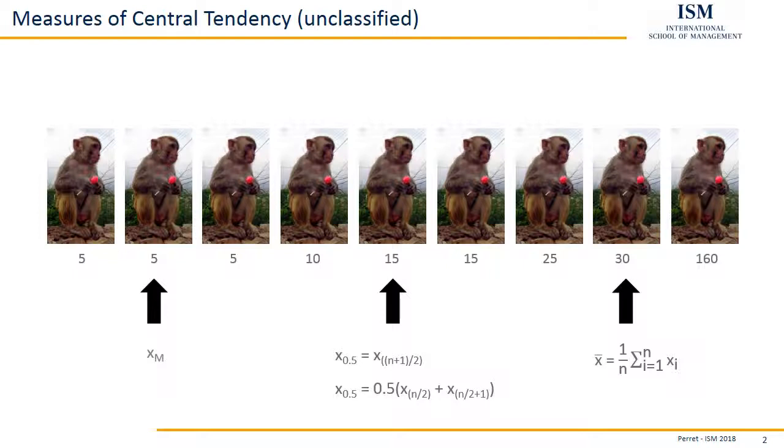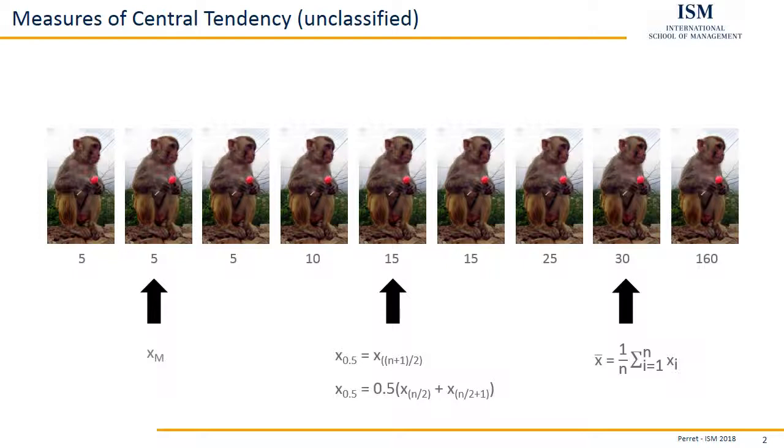So here, this one monkey with 160 lollipops skews our total data set. He has way more lollipops than all the other monkeys. So he influences, in particular, the mean very strongly.